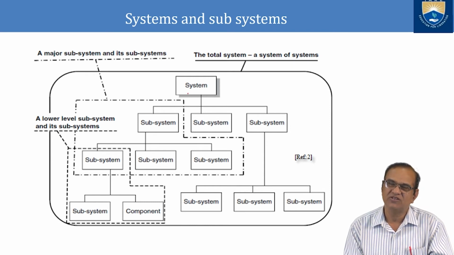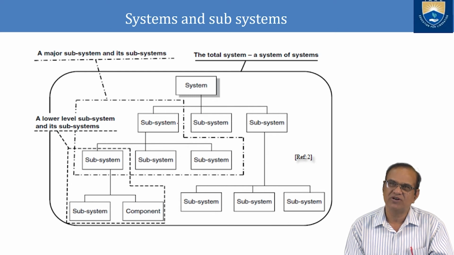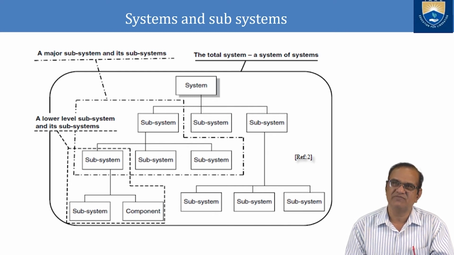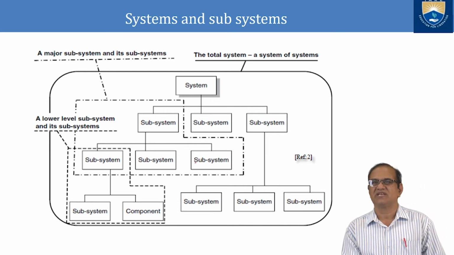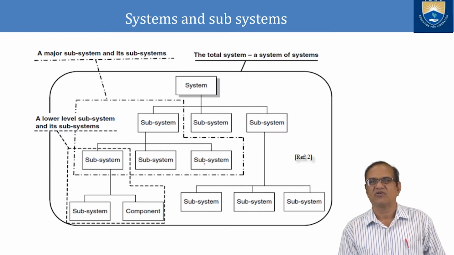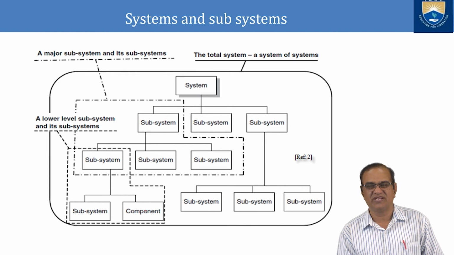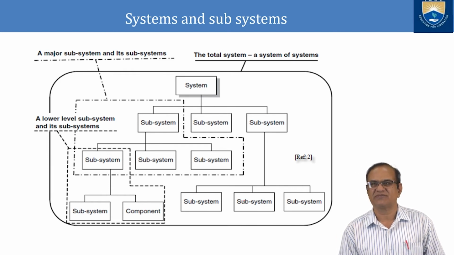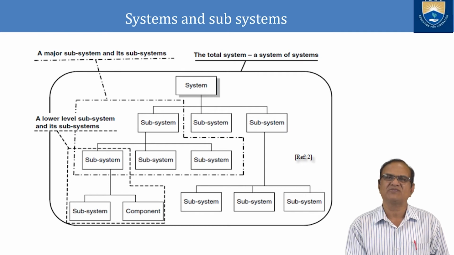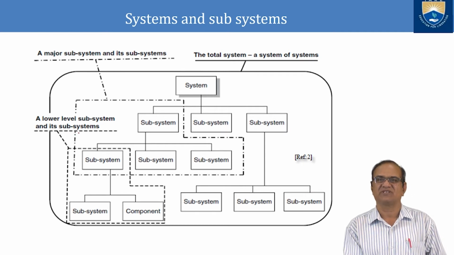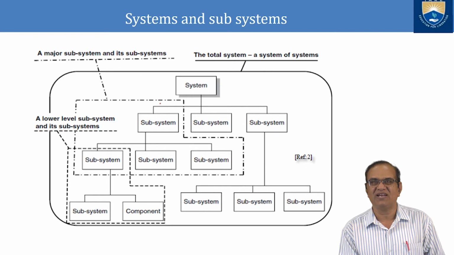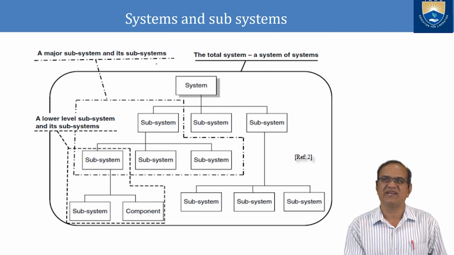So here is a total system, and here these 1, 2, 3 are subsystems, again subsystems to subsystems. So like this, if you see here, it goes to subsystems, then it goes to components, a lower level of subsystems and its subsystems. So the high level, a major subsystem and its subsystems.